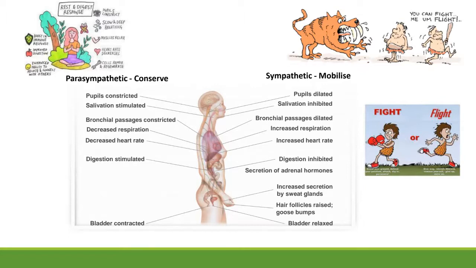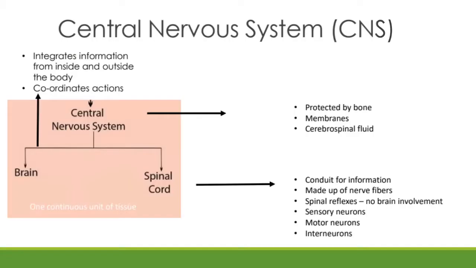So we're either in a state of rest and digest response, or we're in a state of fight and flight response. The moment something crosses your path and you get that feeling where adrenaline starts rushing through your body, you start to breathe deeper, your heart starts to beat, that's your sympathetic nervous system at work. Does everybody understand that?